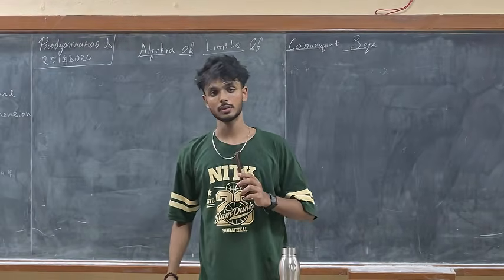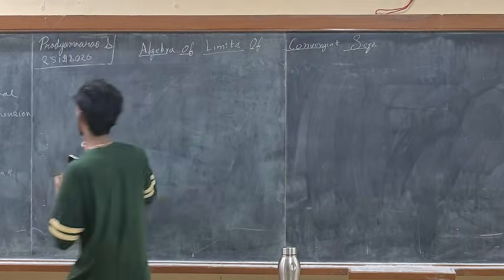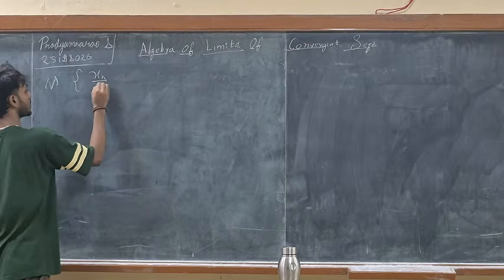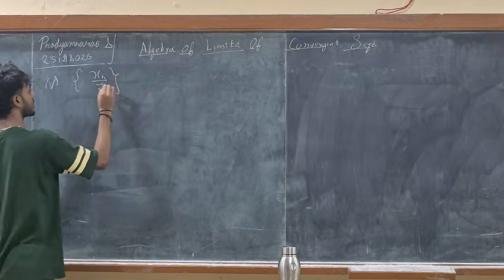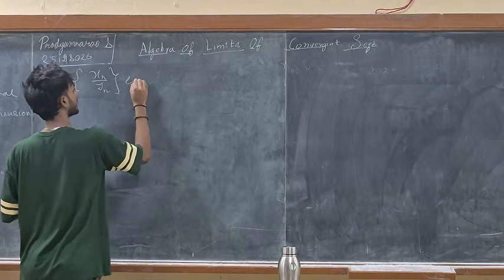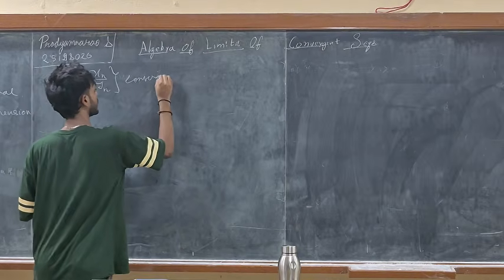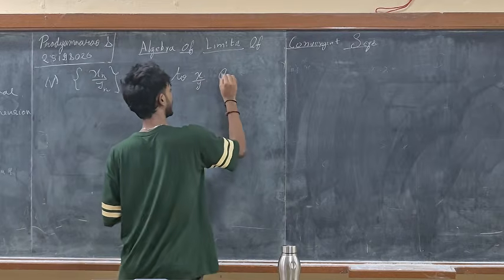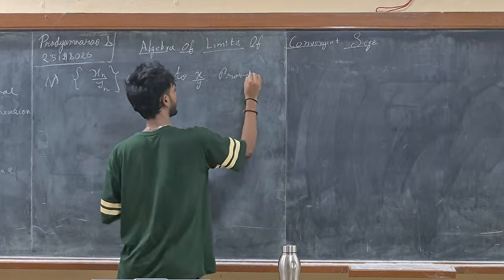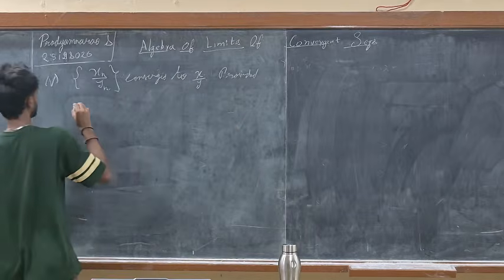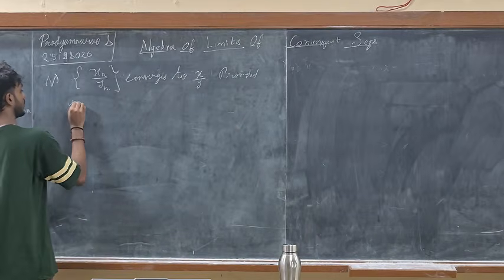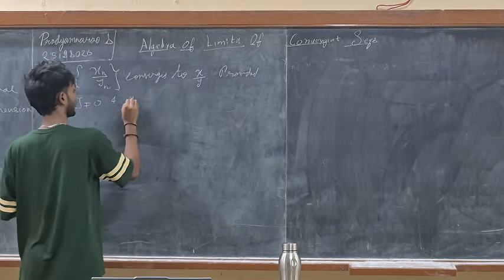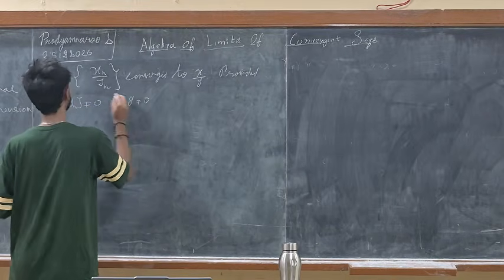Okay, let's come to our final proof of the day, in which we have to prove the theorem that x_n by y_n converges to x by y, provided the sequence y_n is not equal to 0 and y is not equal to 0.